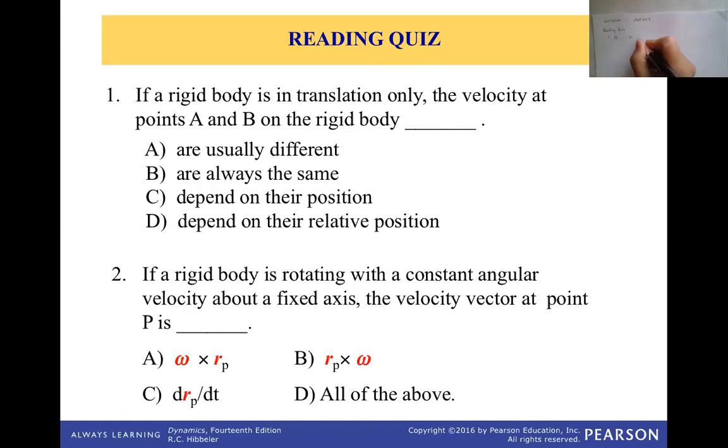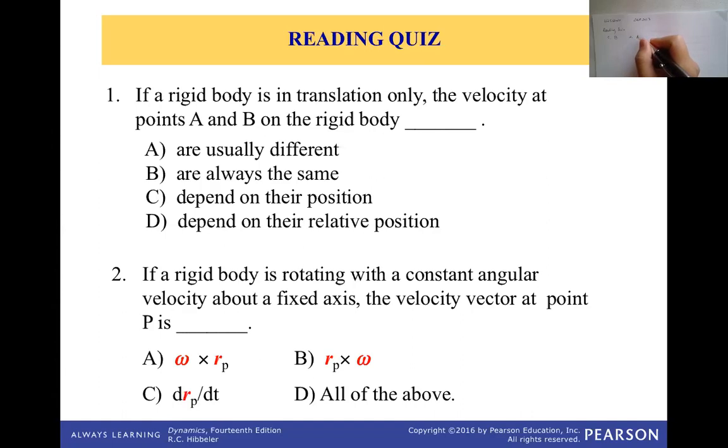The second one: if a rigid body is rotating with a constant angular velocity about a fixed axis, the velocity vector at point P is defined in the textbook as omega as a vector cross the position vector at point P. So it's omega cross r_P.